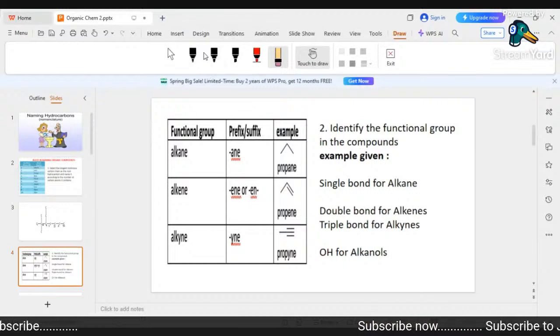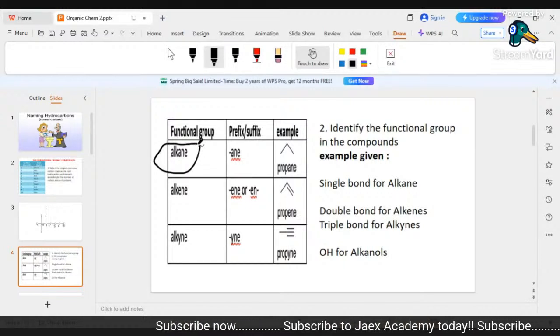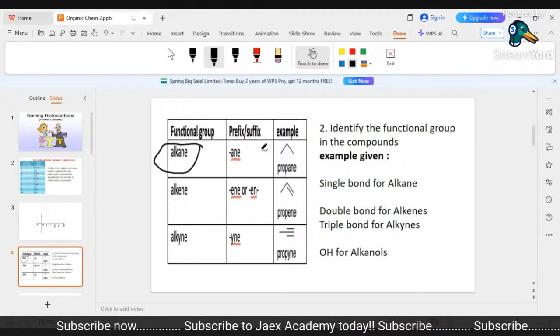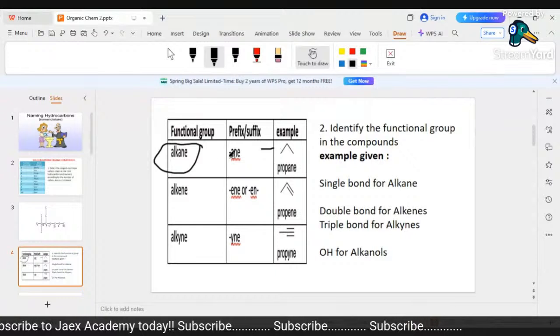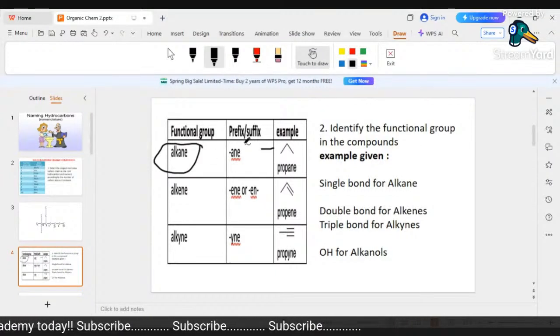Now, listen, for alkane, alkane has a single bond, right? And their suffix is always -ane.